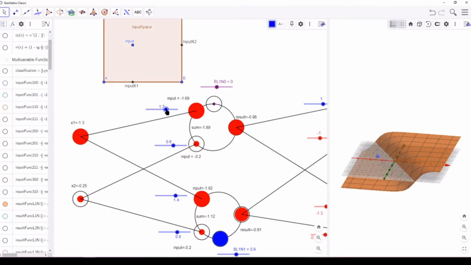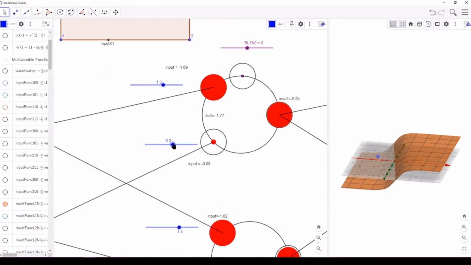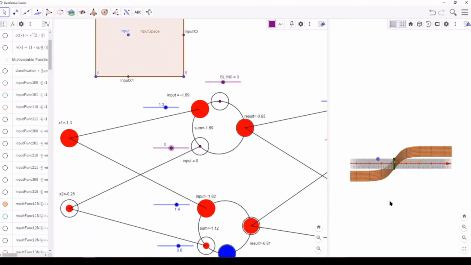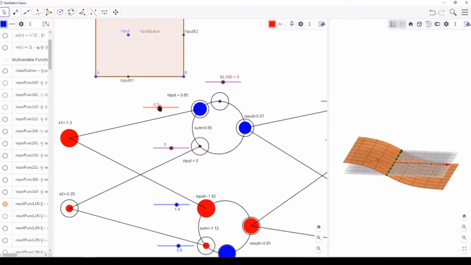Okay, so if we put one of these values to 0, we see, yeah, it's the hyperbolic tangent, and here this value changes the smoothness.